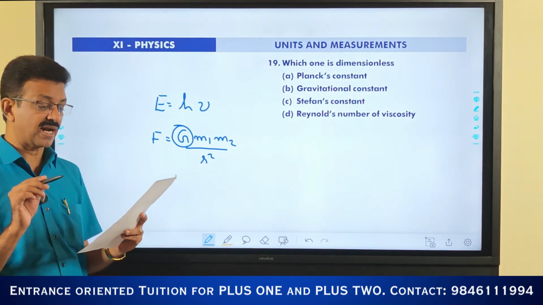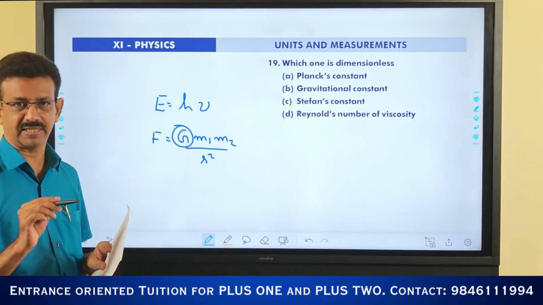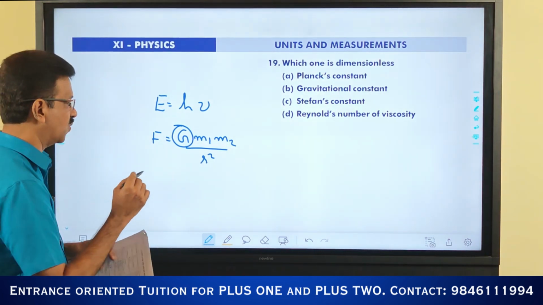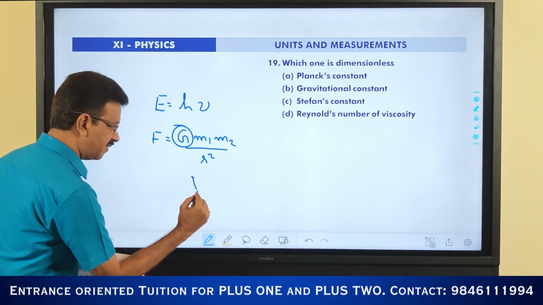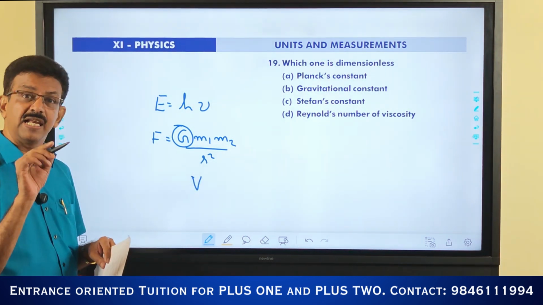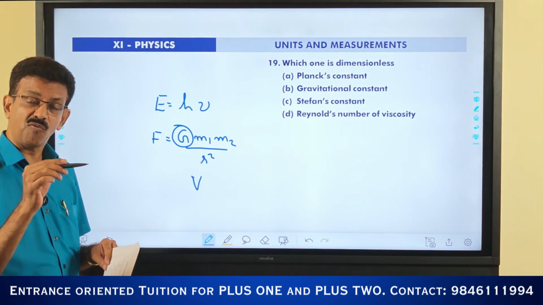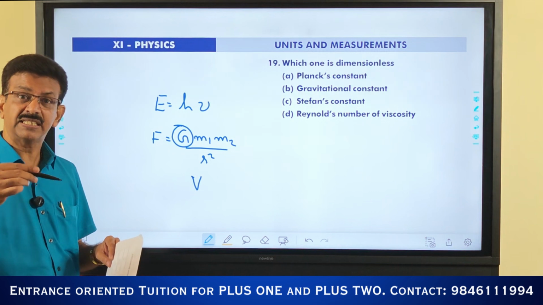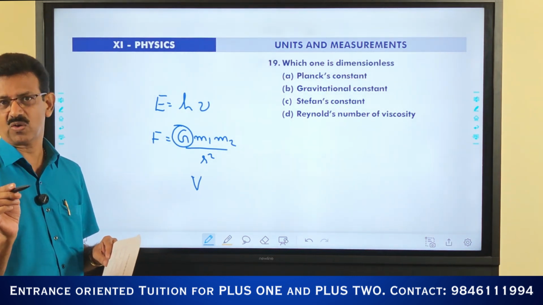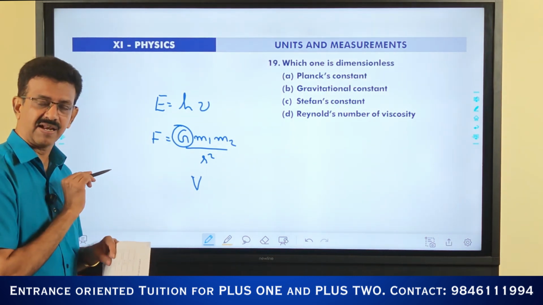The next one, Reynolds number of viscosity. By Reynolds law, in viscosity, the limiting velocity above which the streamline motion is stopped and the turbulence starts is called critical velocity.